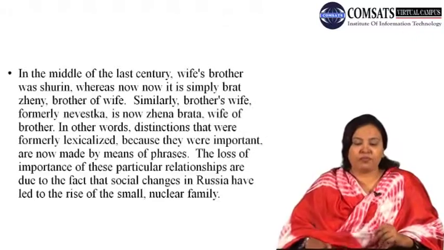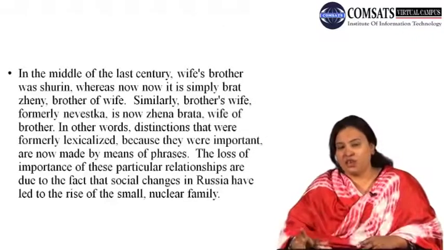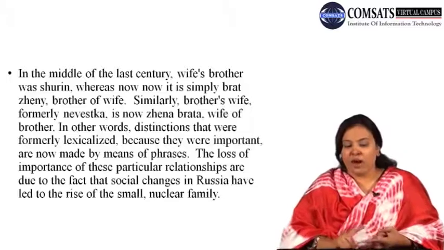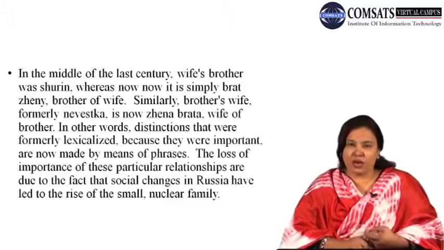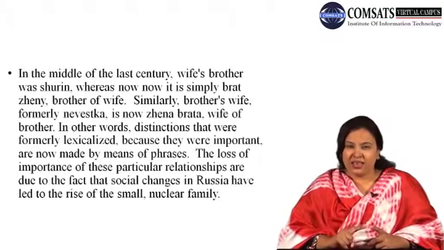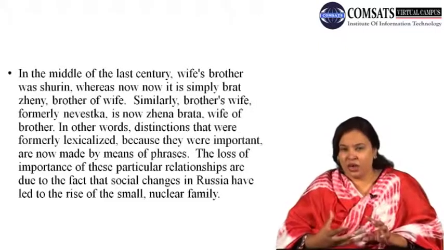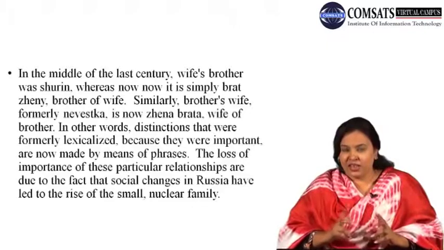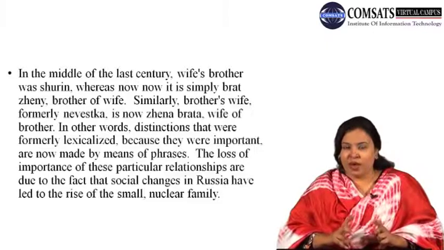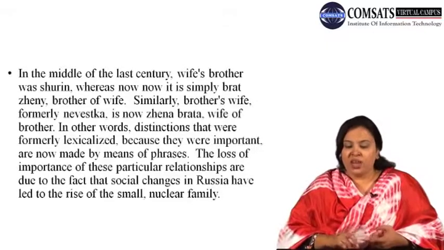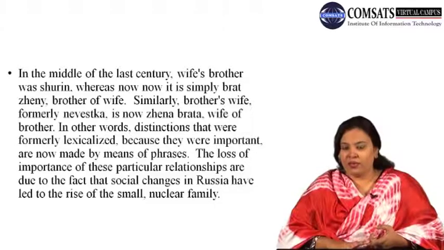For example, in the middle of the last century, if we talk about the previous century, wife's brother was called Shurin. Wife's brother, that we in Urdu call Sala, in English we call brother-in-law. In Russian they had a word for wife's brother, that is Shurin, whereas now it is simply brat zheny, brother of wife.